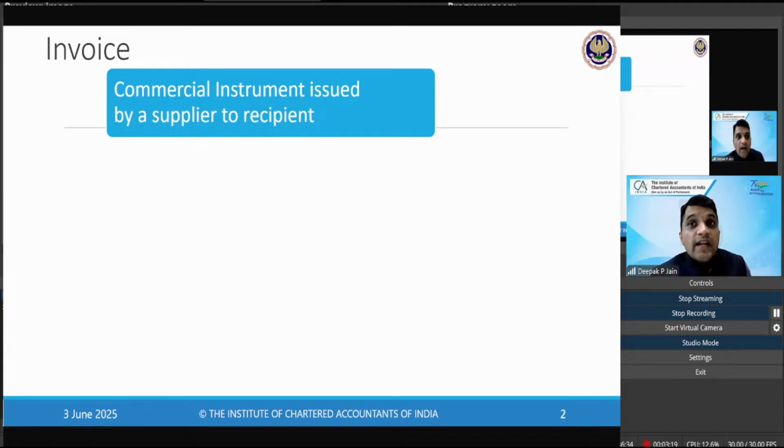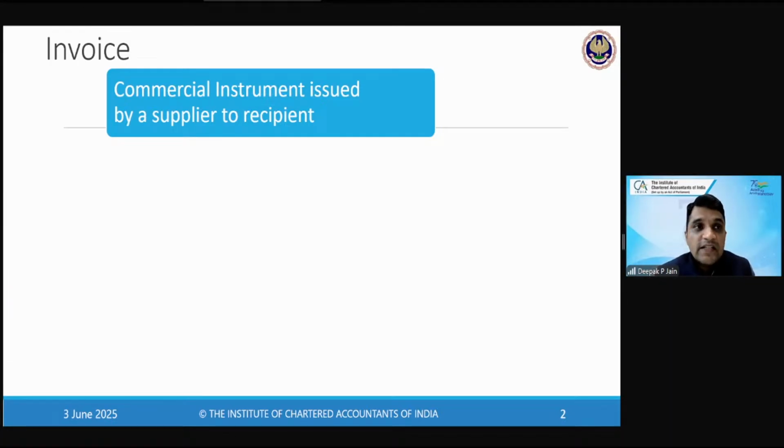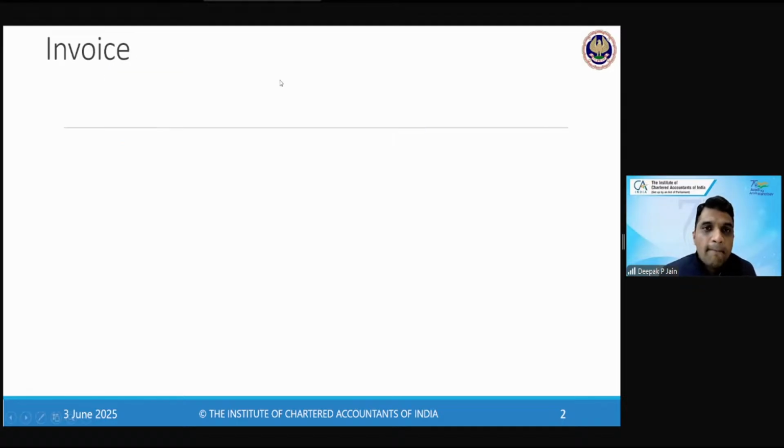Now, what is the nature of the invoice, or where did this invoice come from? Did GST create this term, or was it there even before also? What do you think? Before GST also, right?